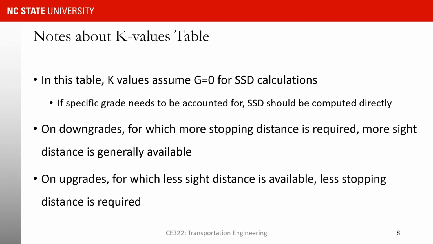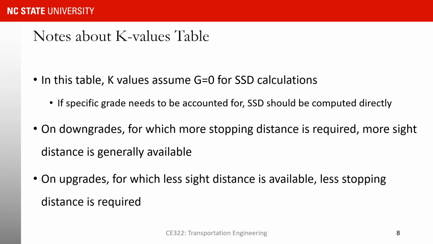On the other hand, when you are driving up the hill, you don't see much, but at the same time, if you want to stop your car, you can stop it a little bit faster. So what we are thinking is that, yes, I don't see enough, but if I push on the brake, it's going to stop faster.